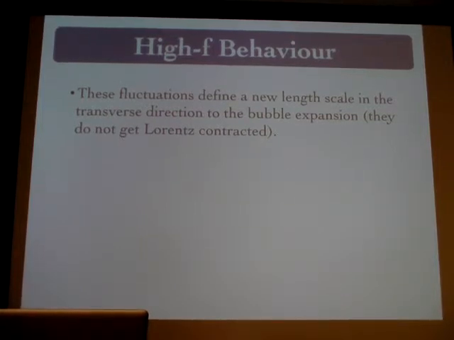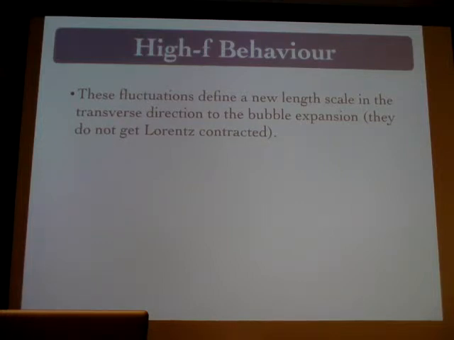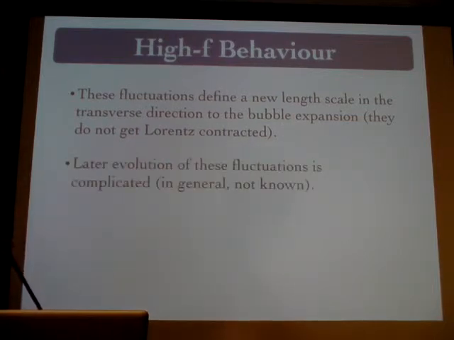Crucially, this is a new length scale that is transverse to the direction in which the bubbles are expanding. So even though the bubble wall was Lorentz contracting as the bubble was expanding, this new length scale won't. It will remain whatever it was when it was nucleated.